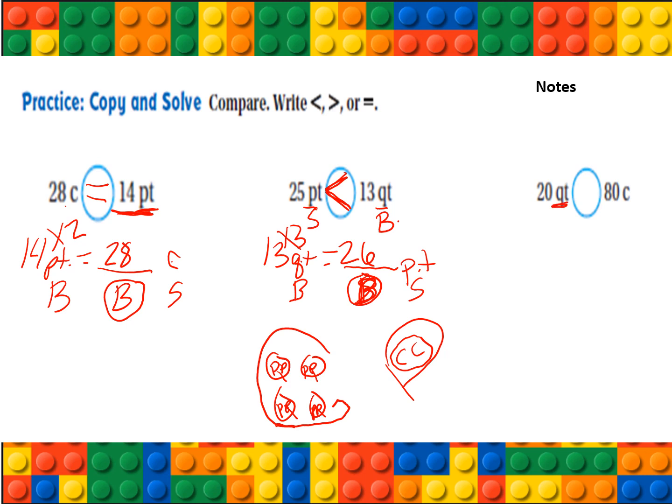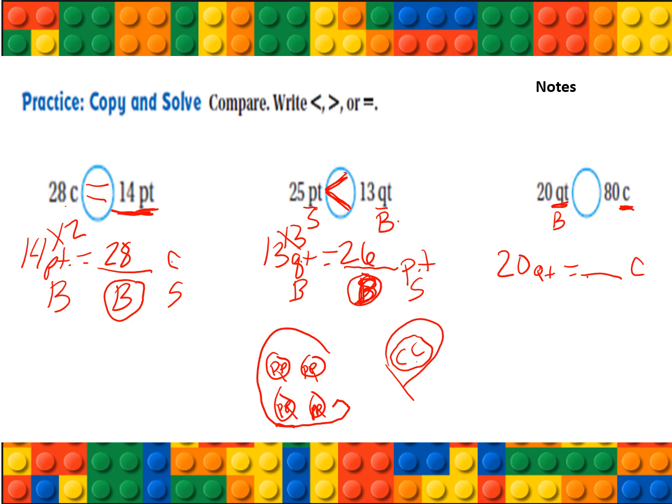Last one, 20 quarts is greater than, less than, or equal to 80 cups. Quarts are bigger, so I want to change 20 quarts into how many cups. Now I've got to find out how many cups are in 1 quart.